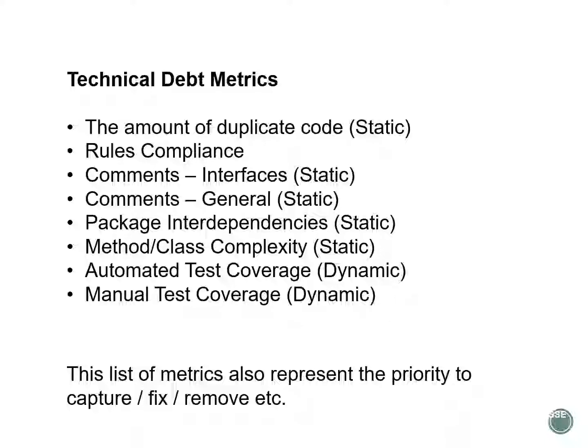There's unnecessary complexity, and also the test coverage, whether it's automated or manual, is poor. Usually low automated test coverage means that the system isn't maintained or kept up to date as much as it should be. On the other hand, some organizations simply don't do automated testing. It's a bit weird, but still some do it.